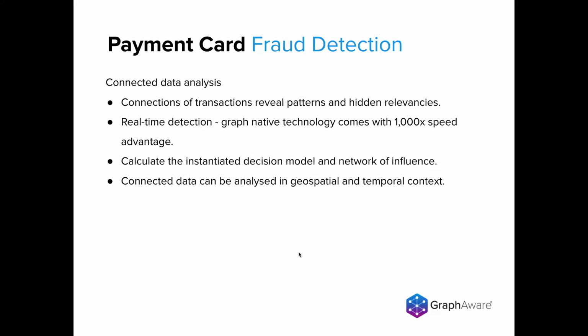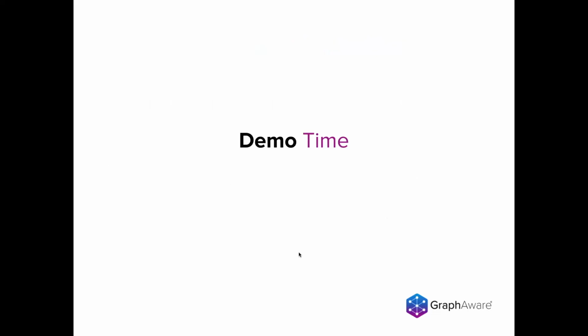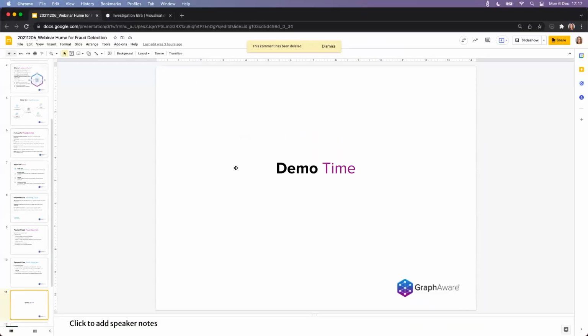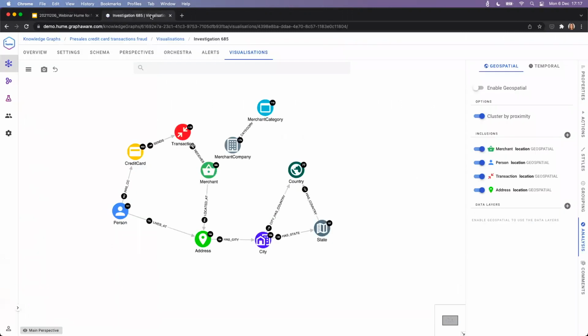Good. Now we talked a little bit about the background and the different methods. And from here, we would actually like to take you to Hume and show you how Hume solves the problem. So let me bring you over to Hume.